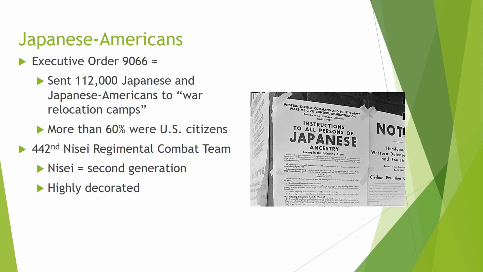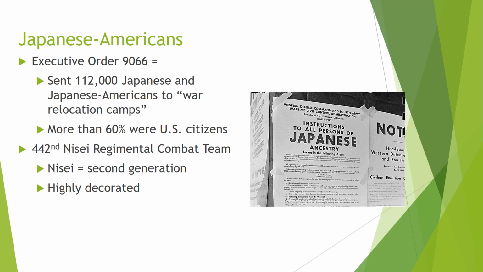So President Franklin Roosevelt is going to issue Executive Order 9066, which requires Japanese and Japanese Americans to report to relocation camps. These are basically prison camps.